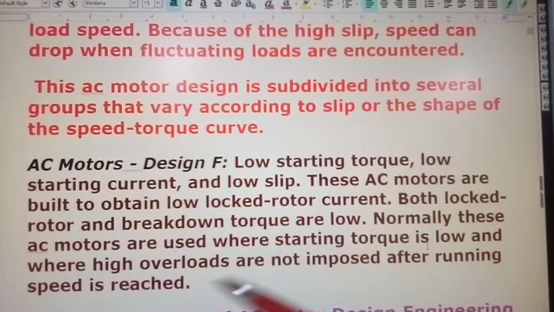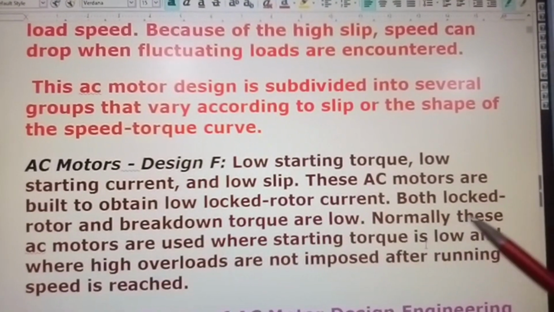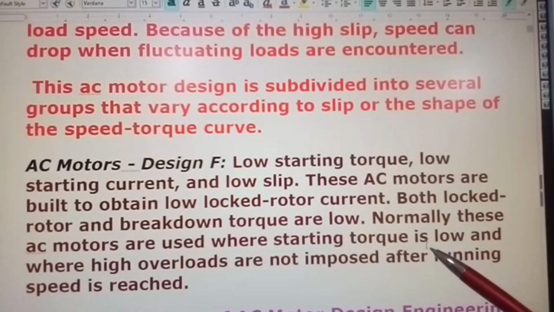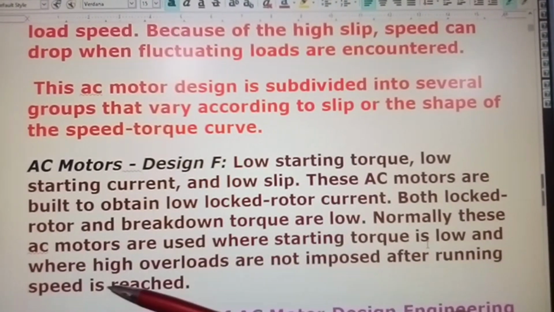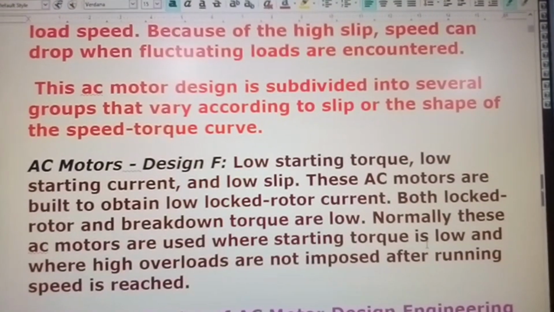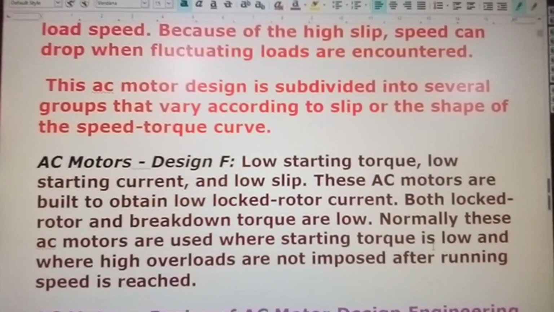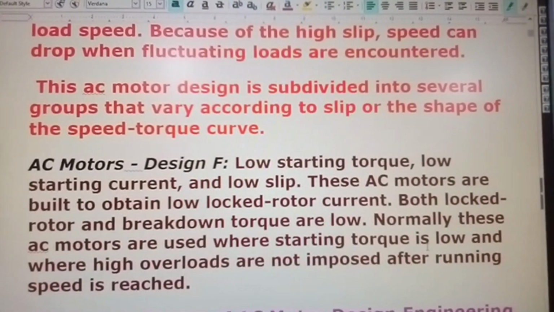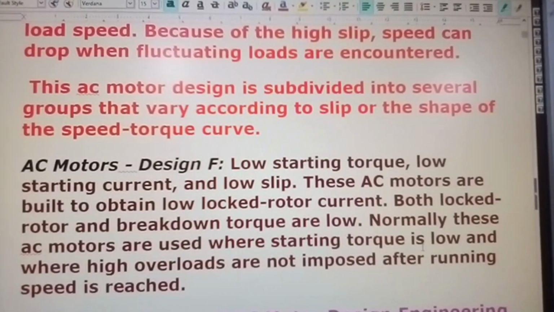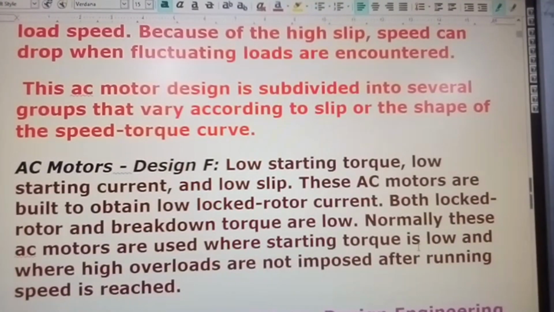Both locked rotor and breakdown torque are low. Normally, these AC motors are used where starting torque is low and where high overloads are not imposed after running speed is reached. It means that the motor will maintain speed and will not run to its self-destruction. Okay, it will run to the point where it will maintain.